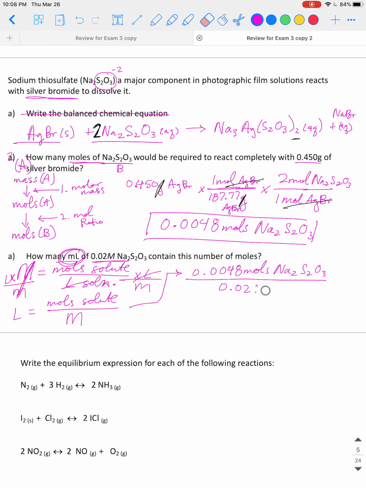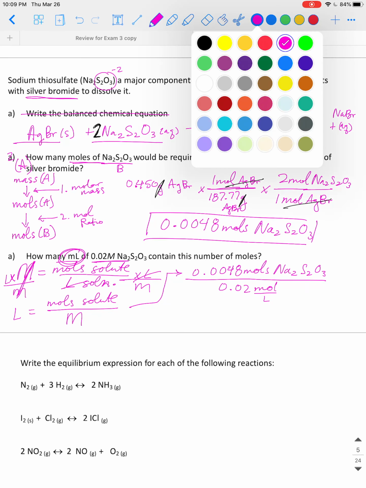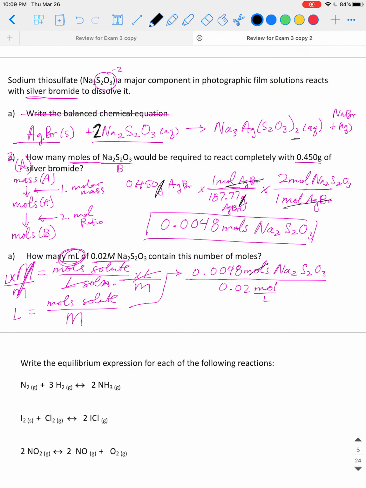And let me write this, I encourage you to write this out in its actual units so that you see molarity is just moles per liter, right? And now when we do this, moles on top, moles on bottom, and we're left with units of liters.